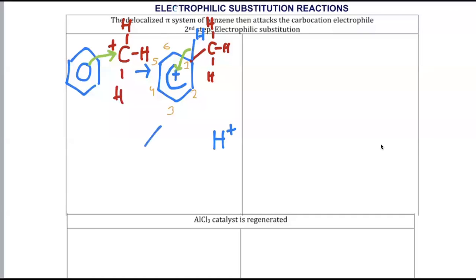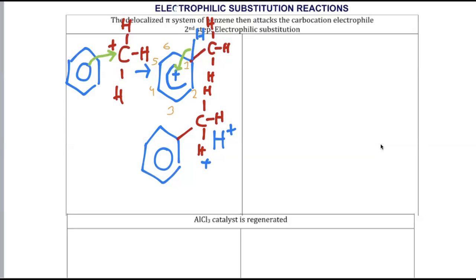So your product is a methyl benzene. You can draw your methyl benzene anywhere, but as I have mentioned, I like to draw my electrophile on the carbon on the top right. The other product is H plus. So nothing new, I hope, in this mechanism.